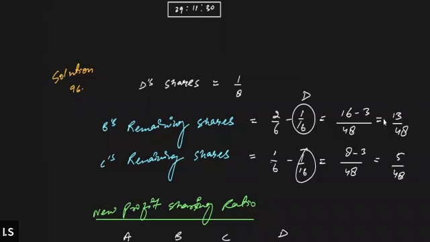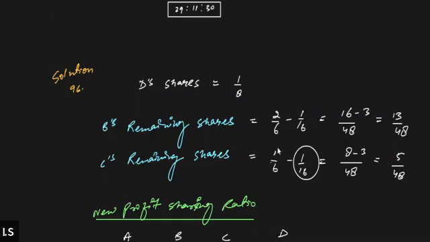Is that clear to you? Yes, sir. So this will be B's remaining share, or you can also call it B's new share. Is that correct? Yes, sir. Similarly, in order to find C's remaining share, we will subtract 1/16 out of C's share. C's share is already given in the question as 1/6.